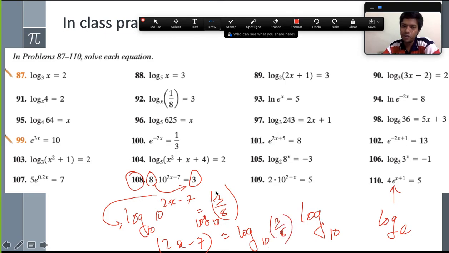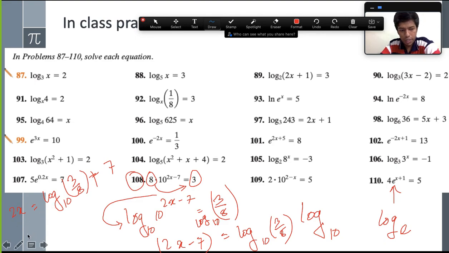I think now you can see what the solution is. The next line will be 2x equals log 10 base 3 by 8 plus 7. This 7 will go to the right side, or you can add 7 to both sides. Then this minus 7 and plus 7 will cancel out, and there will be a plus 7 on the right hand side.